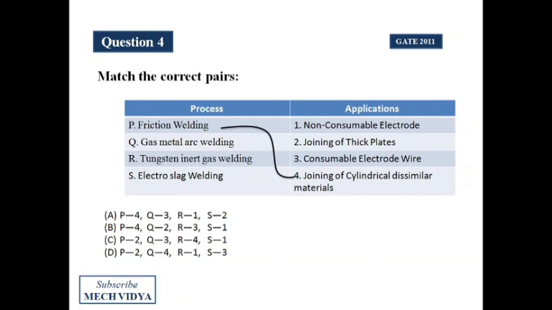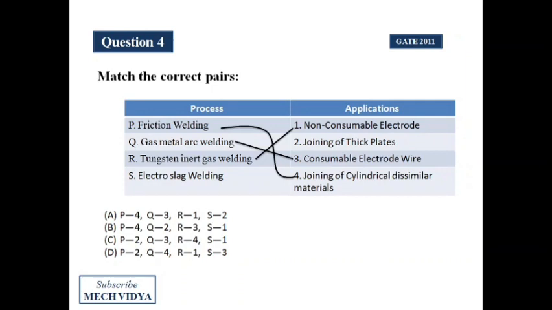Second one, gas metal arc welding. Gas metal arc welding is a process where we use a consumable electrode. That is, the electrode gets deposited continuously and is fed in the weld pool with the help of wire rolls. So it is a consumable electrode. Third one, tungsten inert gas welding. Just in the previous question we have discussed, it is a non-consumable electrode type of operation.